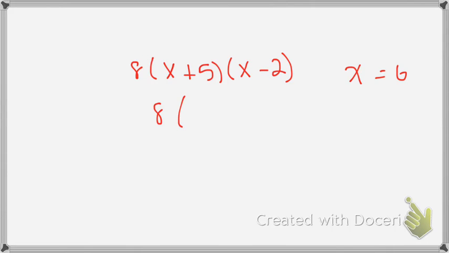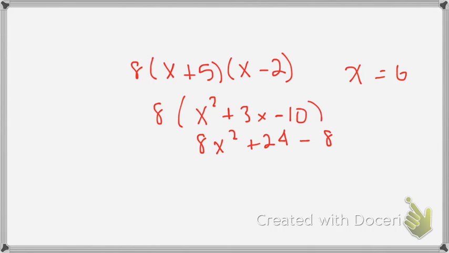When I FOIL those two together, I get x squared plus 3x minus 10. So I did that FOIL process, which is 8x squared plus 24x minus 80. I didn't subtract my 80 last time. I distributed 8, I think, but I did not distribute it all the way.